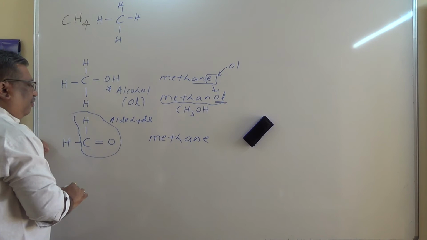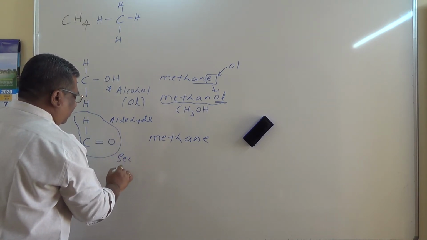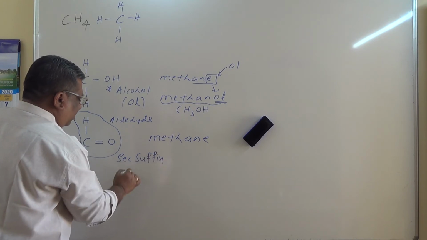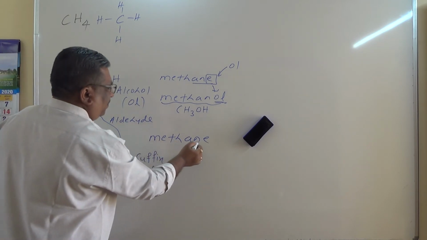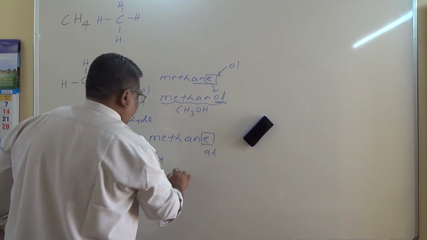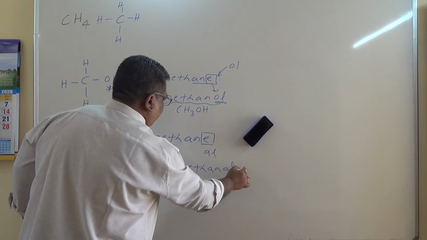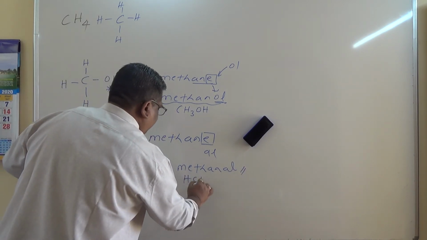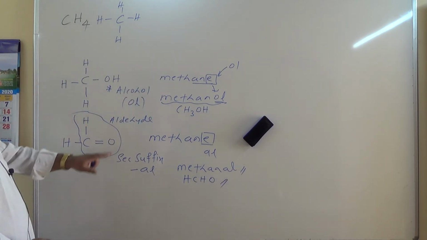Aldehydes, the secondary suffix is AL. So in this methane, this E is to be replaced with AL, and therefore this will be methanal, and condensed formula HCHO. Please remember, this is how we write HCHO, methanal.